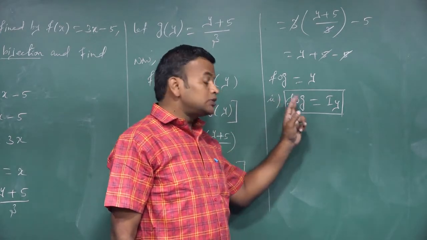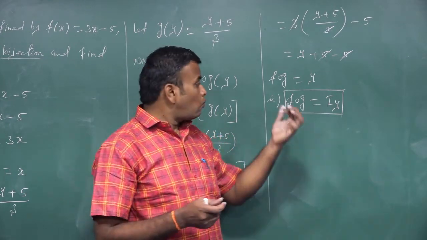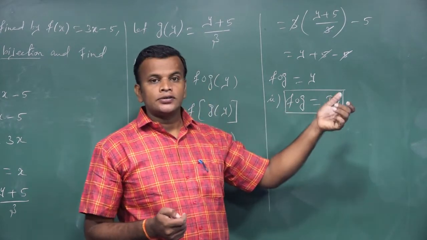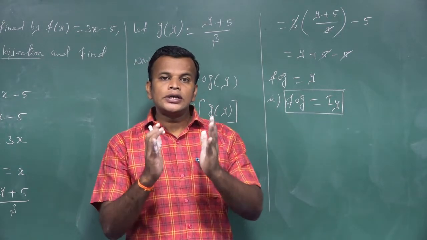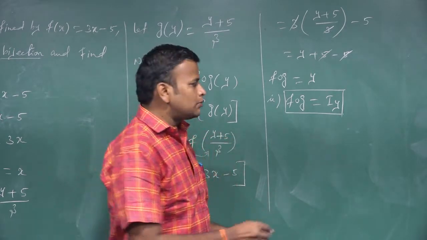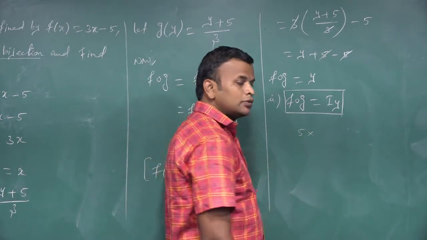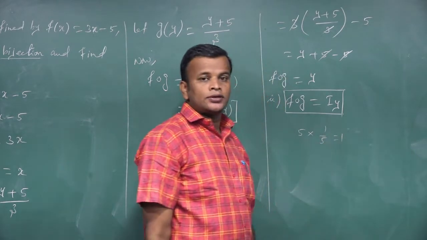F is one function, g is another function, but we have identity. So what is the conclusion? One is the inverse of the other. You know, in a lower class, when we multiply two numbers and the resulting number is the identity number, we say one is the inverse of the other. For example, 5 is a number. Multiply with 1 by 5. What is the answer? 1.